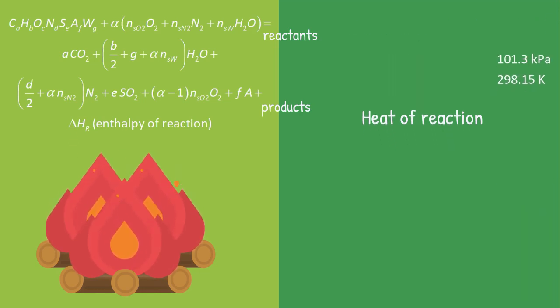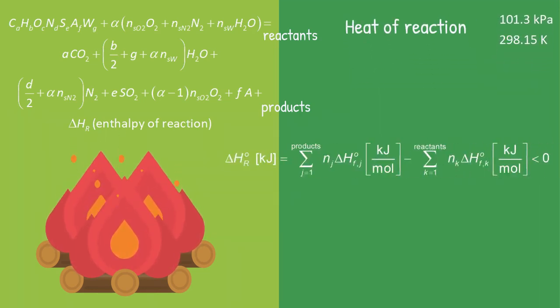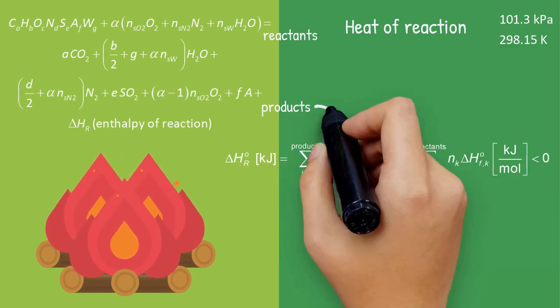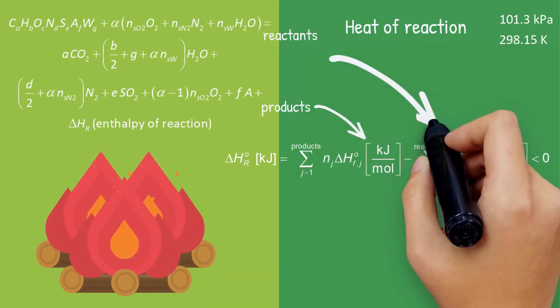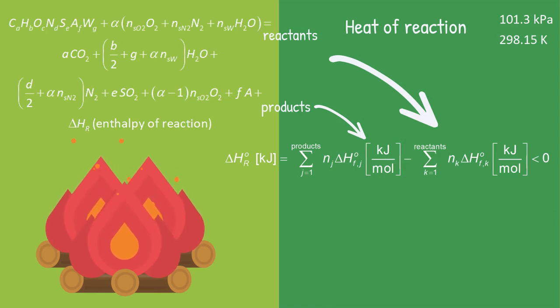For biomass, this is more complex, with more reactants and products. Here, the enthalpy of formation of each component is multiplied by the number of moles. We sum the enthalpy of formation of products and subtract the enthalpy of formation of reactants. For combustion, this difference is negative. Accordingly, with thermodynamic principles, this is called an exothermic reaction.